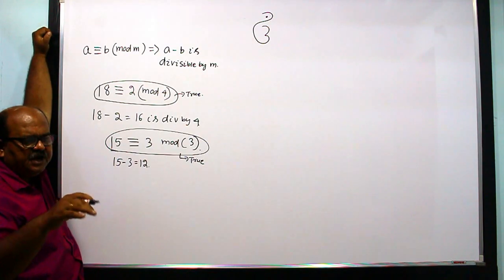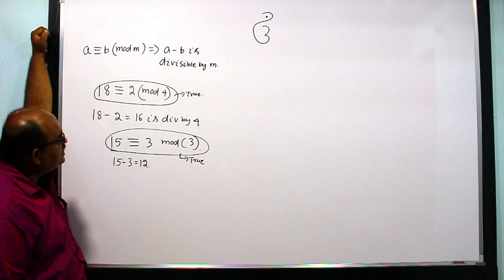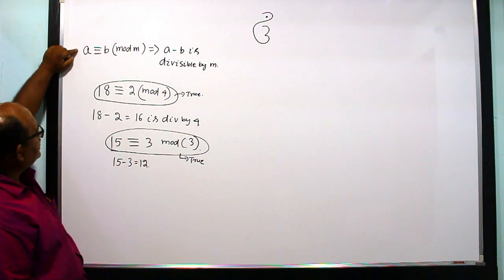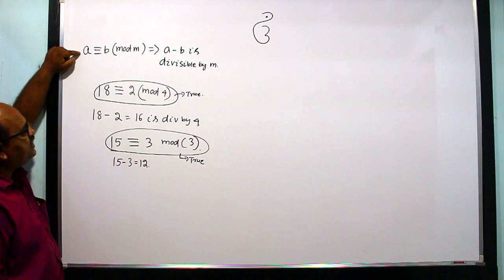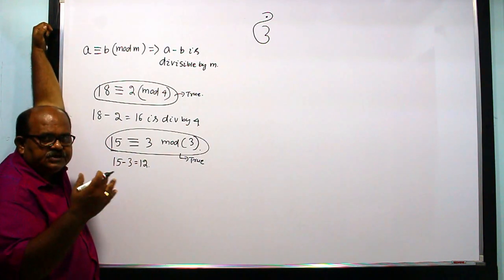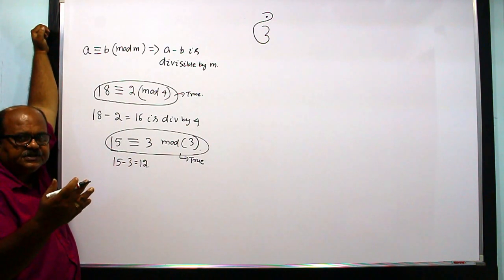This is a relation defined on the set of integers and this is a very special relation. Now let us check whether this is an equivalence relation or not. Let us check whether it is reflexive, symmetric, transitive or not.